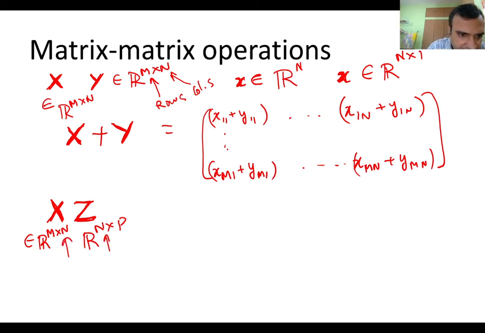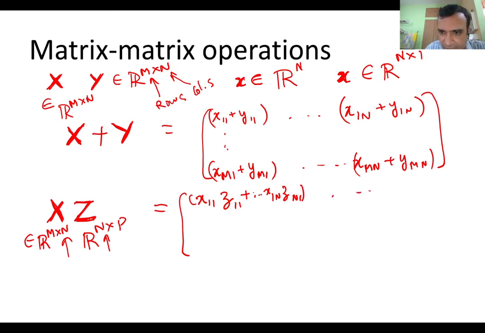Because we will take the first row of X and take its dot product with Z. So your first element will be the first row x11 through x1n, dotted with the first column of Z, z11 through zn1. This will be the first element, etc.